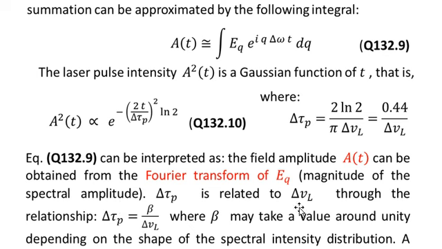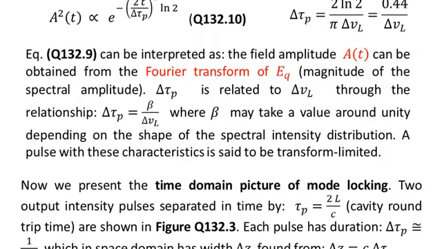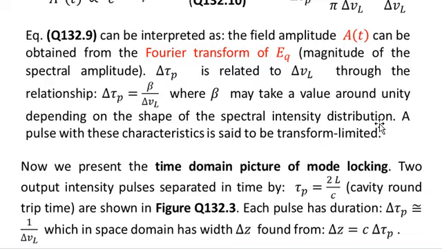And delta tau p is related to delta nu L through the relationship delta tau p is equal to beta over delta nu L, where beta may take a value around unity, that is close to 1, depending on the shape of the spectral intensity distribution.